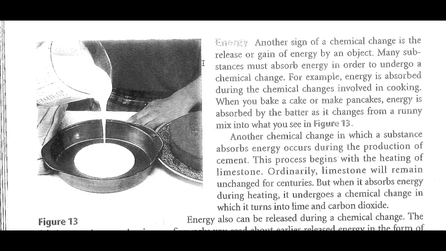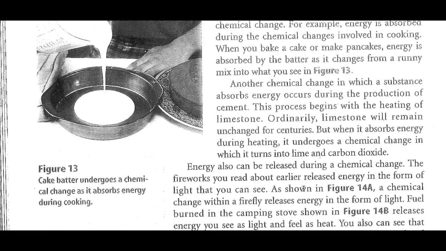Another chemical change in which a substance absorbs energy occurs during the production of cement. This process begins with the heating of limestone. Ordinarily, limestone will remain unchanged for centuries. When it absorbs energy during heating, it undergoes a chemical change in which it turns into lime and carbon dioxide.